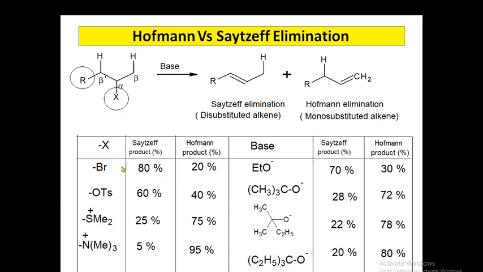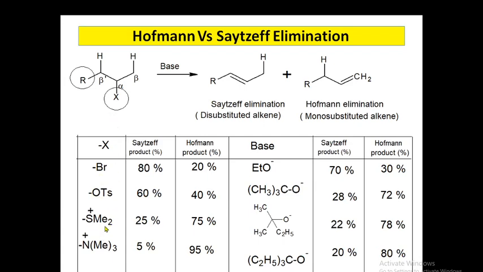But as soon as you change the leaving group to tosylate, the size of the leaving group is increasing, and therefore the base cannot approach this beta dash hydrogen easily, and it prefers the beta hydrogen because there is less steric interaction from that side, and therefore the Saytzeff product decreases.